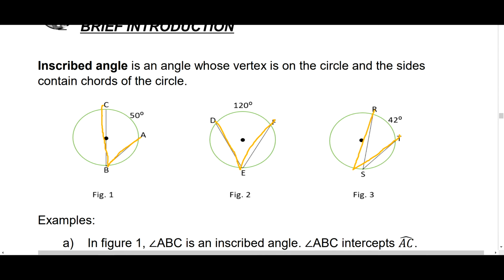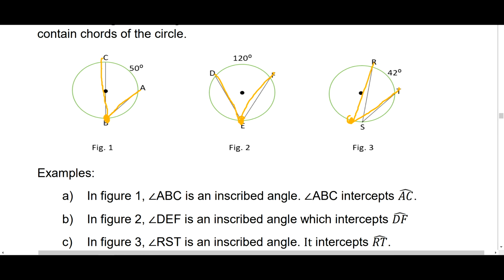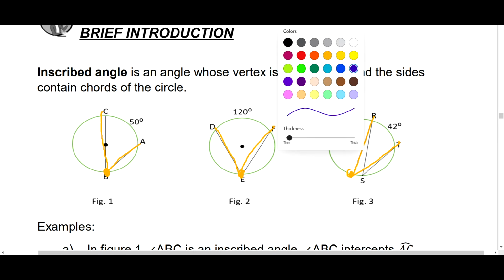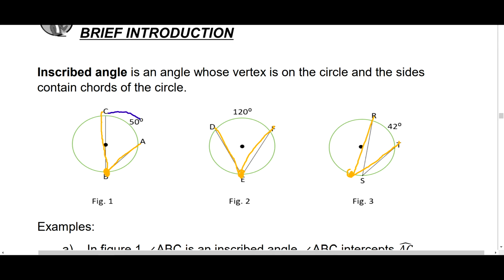Take note, kahit hindi siya tumatama sa center, automatic yun. Basta yung kanyang vertex is on the circle, matic yun, that's an inscribed angle. Ayan, yung mga intercepted arc niya, ganun pa rin kung ano yung tinamaan. Ito si arc CA, si arc DF, si arc RT.